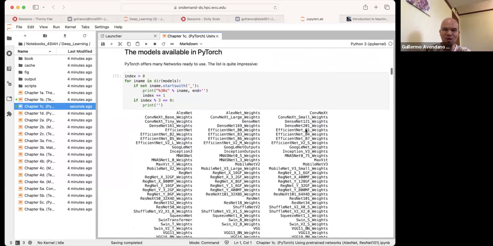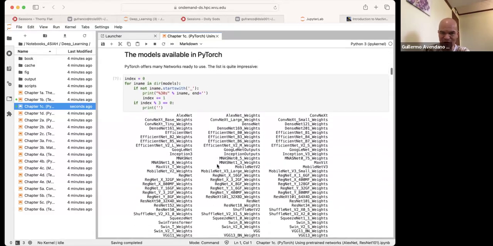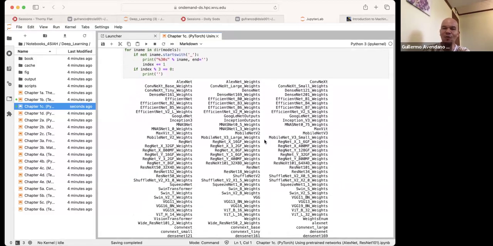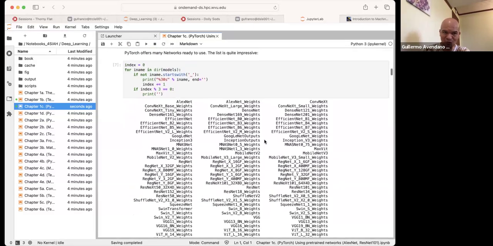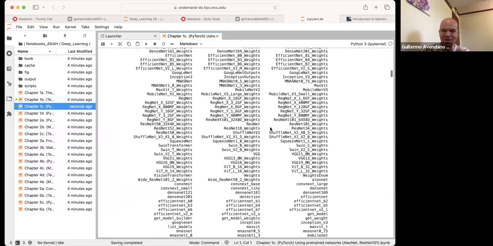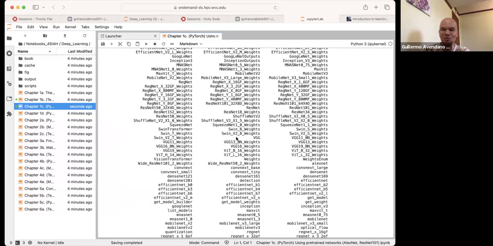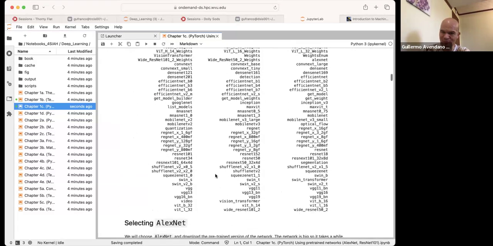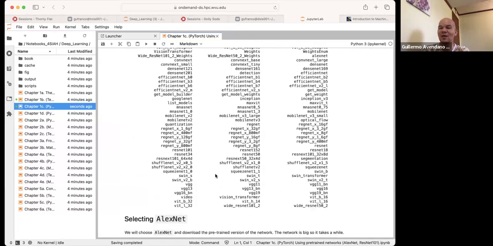So what we are doing here is just a list of all the models that PyTorch has internally. I am using PyTorch in this case. There is a huge number of neural networks that are already there. So you don't have to reinvent the wheel from the beginning.